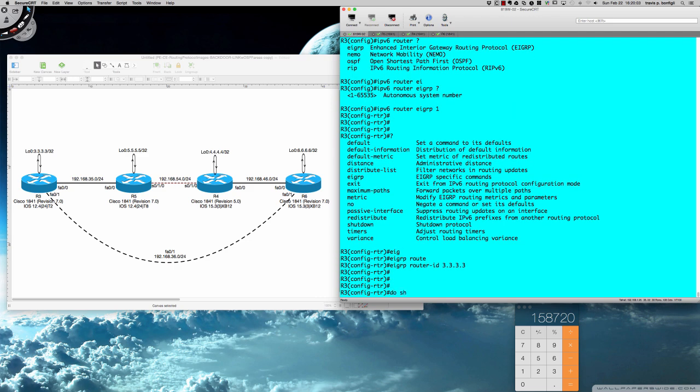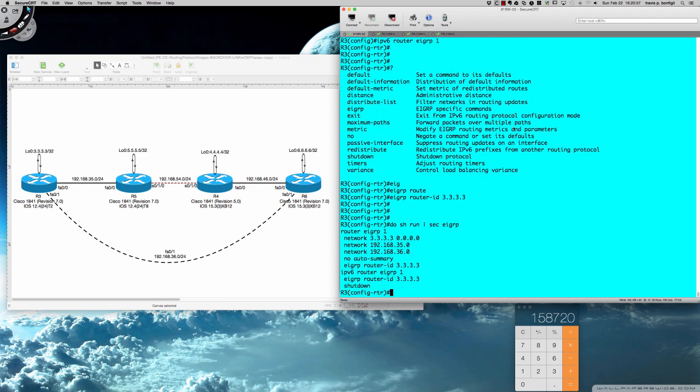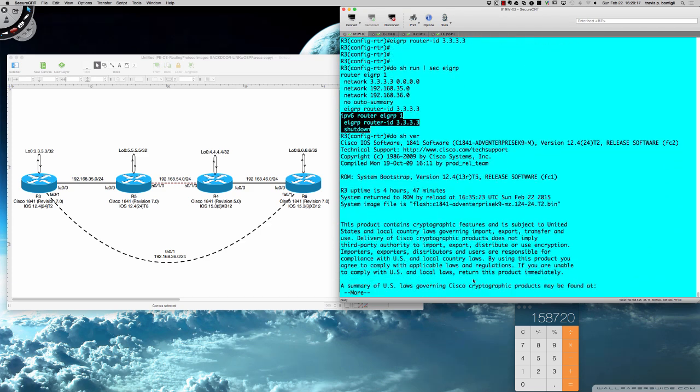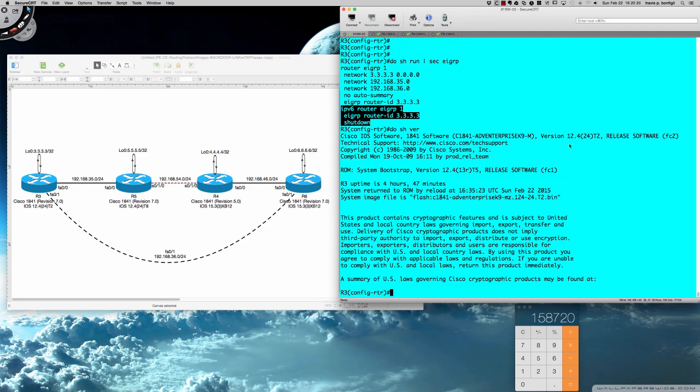Now, if I do a do show run section EIGRP, we see something very interesting here, right? Now remember, this router that I'm on, do show version, is running 12.4 24T2 code. And what do you see here that should alarm you immediately?